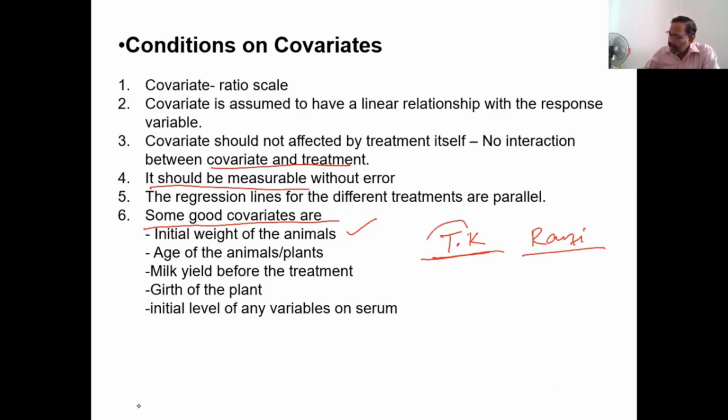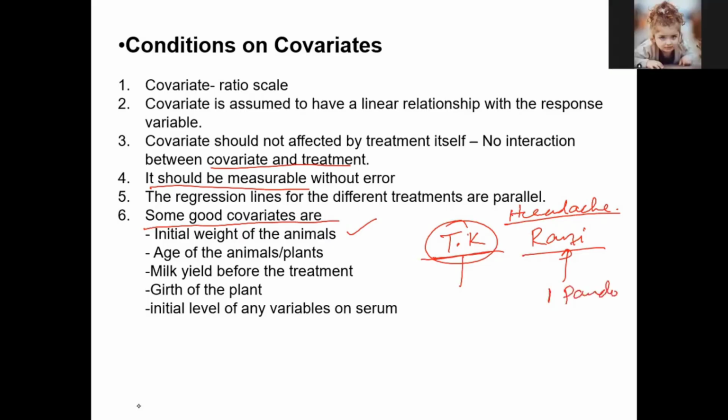Now, if both are having a headache, and Rania takes 1 Panadol, she gets cured from the headache.